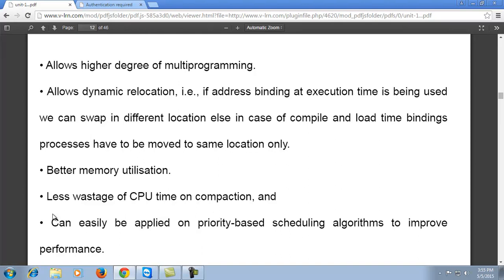Else, in case of compile and load time bindings, processes have to be moved to the same locations only. It gives better memory utilization, less wastage of CPU time on compaction, and it can easily be applied on priority based scheduling algorithms to improve performance.